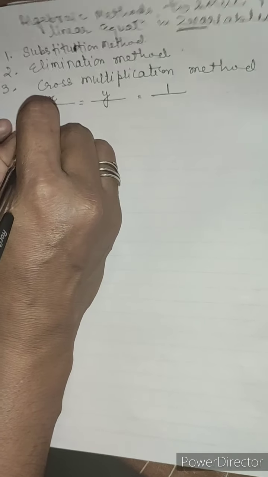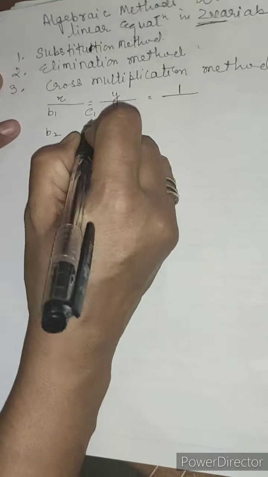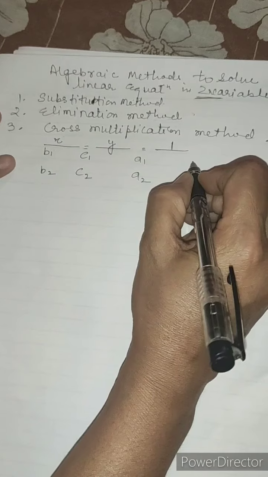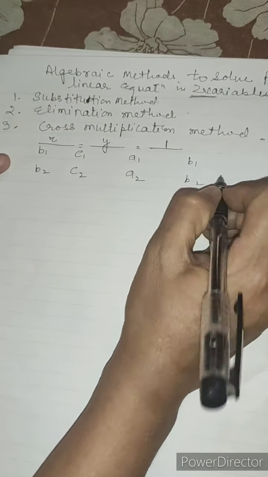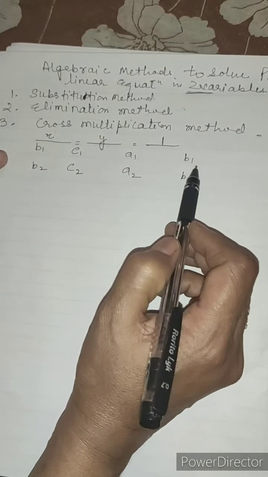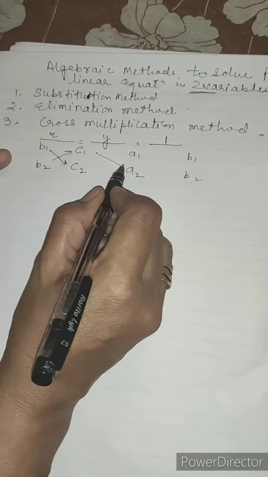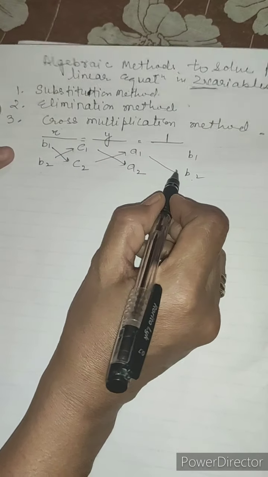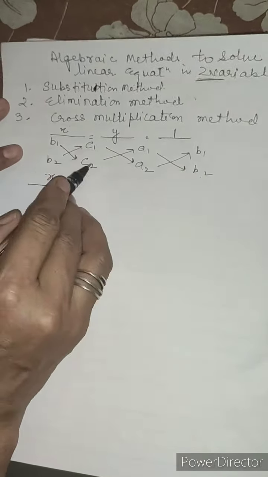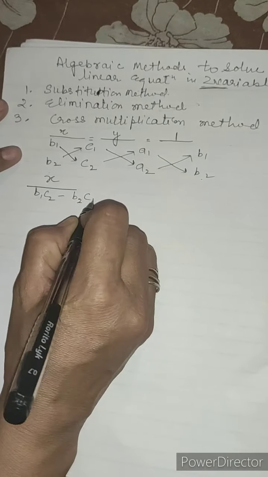Start with b1, b2, c1, c2, a1, a2, b1, b2. So you can see I started with b1, b2, c1, c2, a1, a2, b1, b2. So we draw the cross like this. So it will be x upon b1 c2 minus b2 c1.